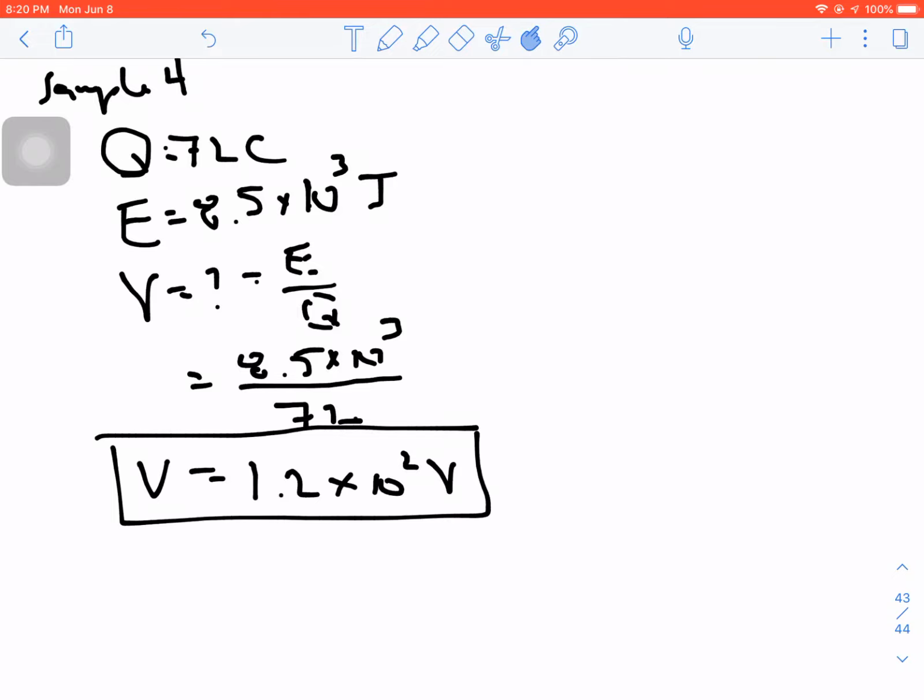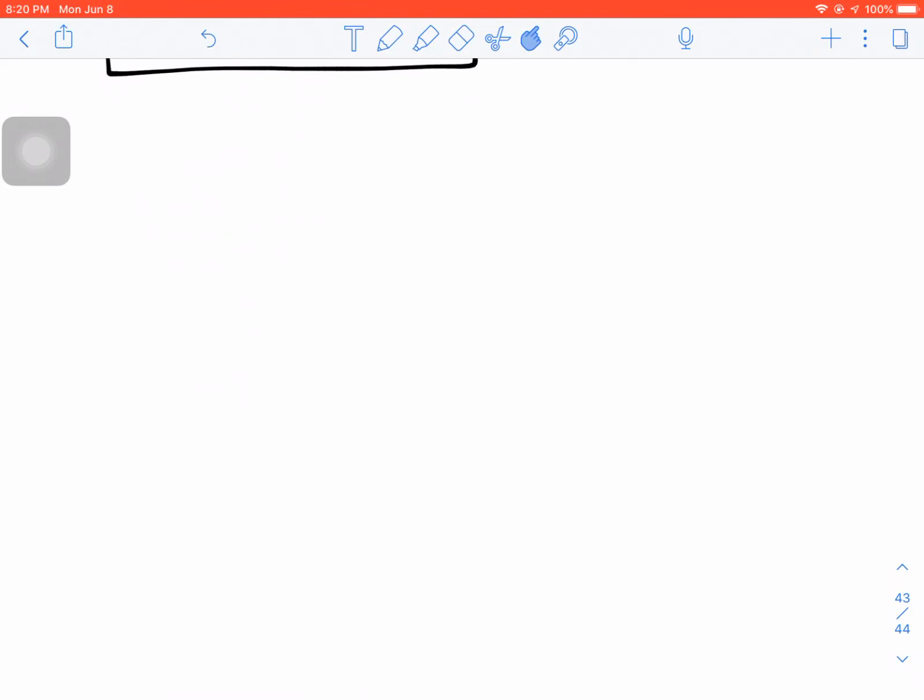Example number 5, which is just below it on page 549 in our textbook. It says a static electric shock, delivered to a student from a friend, transfers 1.5 times 10 to the 1 joules of electric energy.